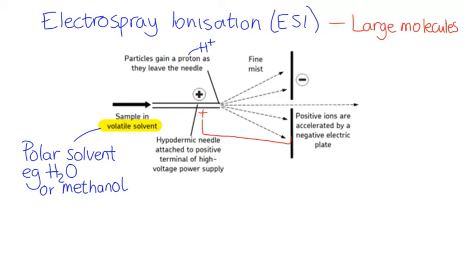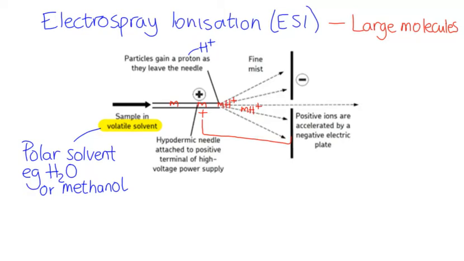So we've got our sample going through this tube here, and as it is attached to this high voltage, it's going to pick up a proton, and it's going to leave that capillary tube in a very fine mist. So we're squirting it out as a very fine mist, and our solvent will evaporate at this point.